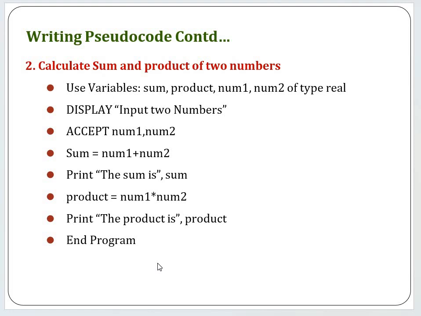Then you will be doing the calculation. The sum variable is assigned the sum of num1 and num2, and the product variable is assigned the product of num1 and num2. For output, the program displays the calculated sum and then the product. And then finally end the program.